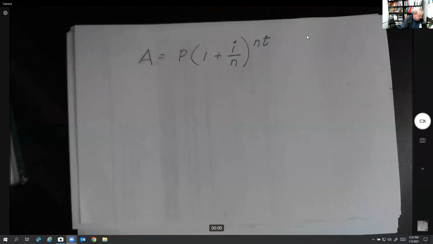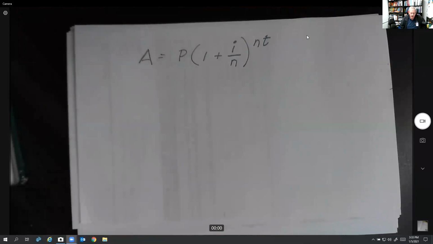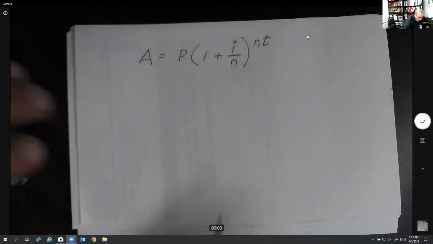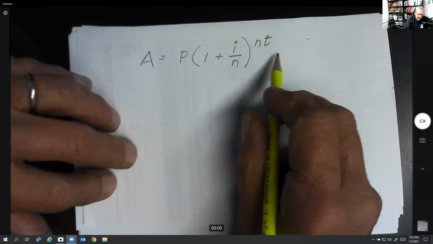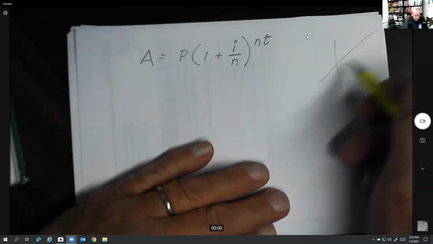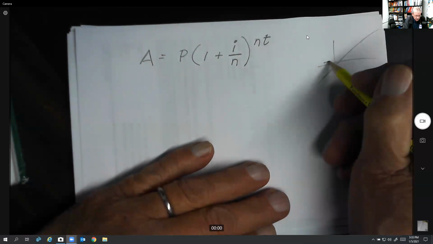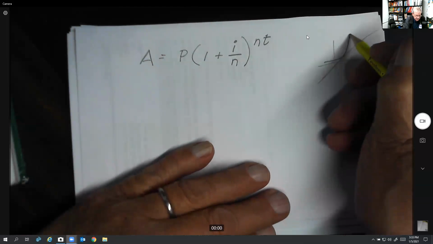Well, this is to find compound interest, or it's used for compounding things, how fast things are growing, like the virus and stuff. We can use it to find the rate of growth. It's compounded, so it's growing much faster. When we have a compound function instead of a simple function, it would grow like this. A compound function grows exponentially.